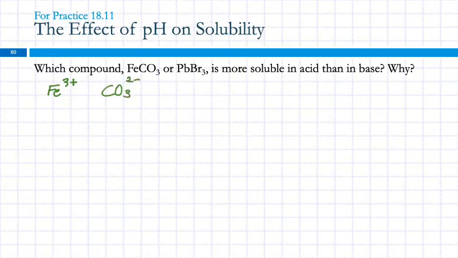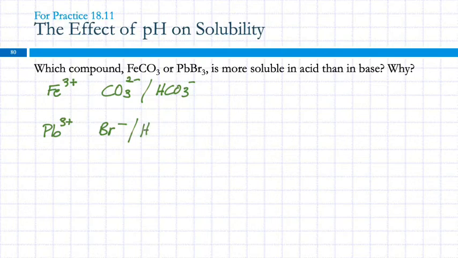In the second compound, we have lead 3 and bromide ion. Are either of these anions basic? Well, let's think about what the conjugate acid of carbonate ion would be. It would be hydrogen carbonate, HCO3, wouldn't it?